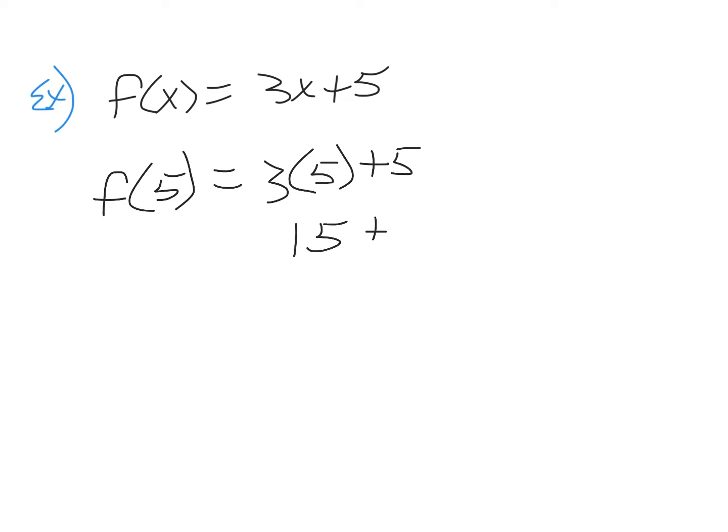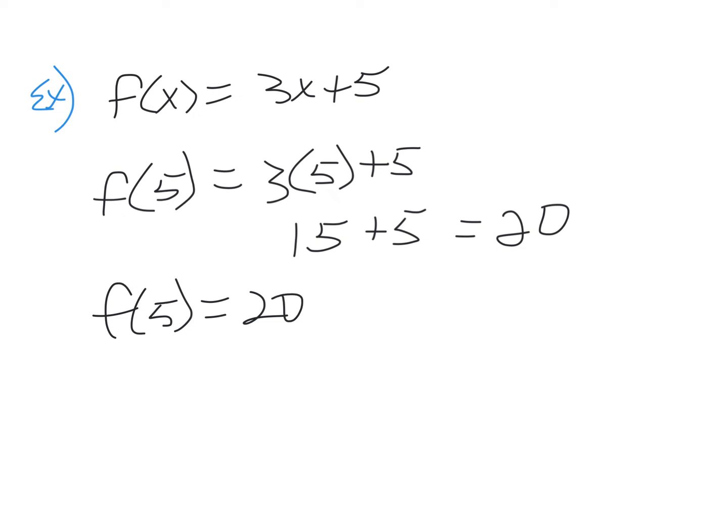And then 15 plus 5 equals 20. So what we know is that f of 5 equals 20. All we did is take that 5 and plug it into the function, 3 times the x value. So 3 times 5 is 15, and then plus 5 is 20. Okay? So that is how you evaluate a function.